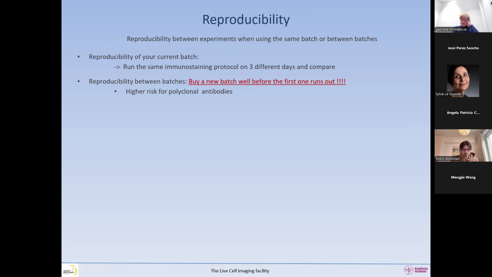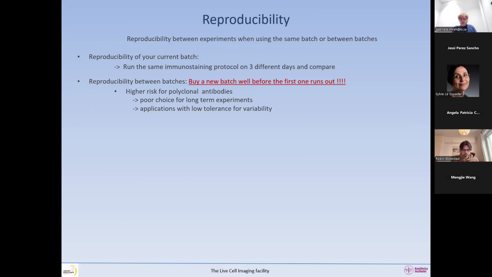As I already said before, the polyclonal antibodies have a higher risk of batch variability. So if you know that your experiment will run for a very long time, you maybe want to think twice about using a polyclonal antibody.